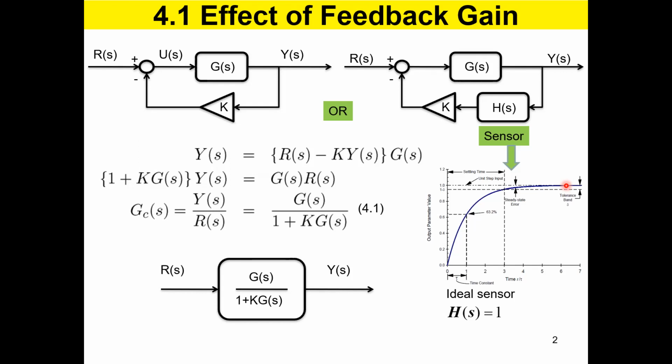None of these things are good in control systems. So therefore, we assume that the sensors give instantaneous response so that there is no delay here. Under that assumption, we set H(s) equals 1. That is an ideal sensor.